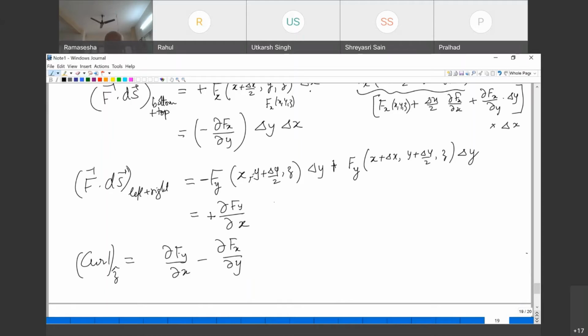Sir, this multiplied by previous delta y expression, delta x. Just a minute. Okay, curl is equal to this multiplied by delta y delta x divided by delta y delta x. That's equal to del fy by del x minus del fx by del y.